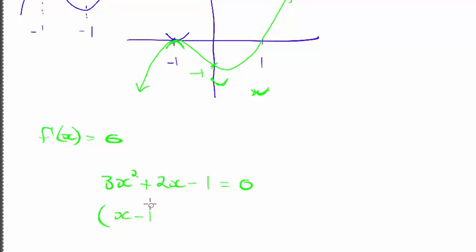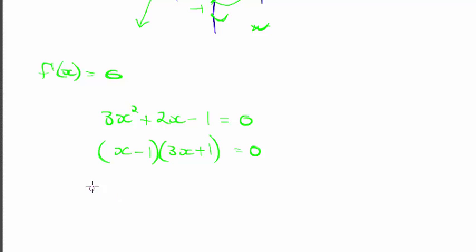The other one will be 3x minus 1 is equal to 0. So I'll get two answers: x equal to -1 or x equal to positive 1/3.